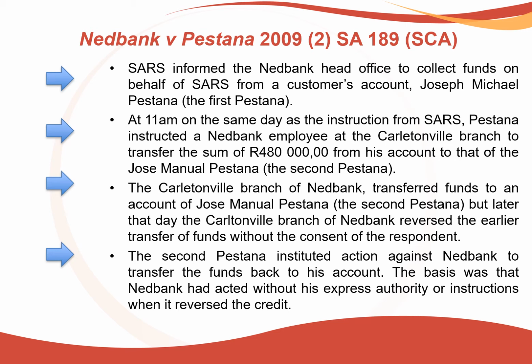SARS informed the Nedbank head office to collect funds on behalf of SARS from a customer's account, a Mr. Joseph Michael Pestana, who I will refer to as the first Pestana. The first Pestana owed SARS more than 340 million rand, and he had an account with Nedbank with a credit balance of nearly 500,000 rand at that time.